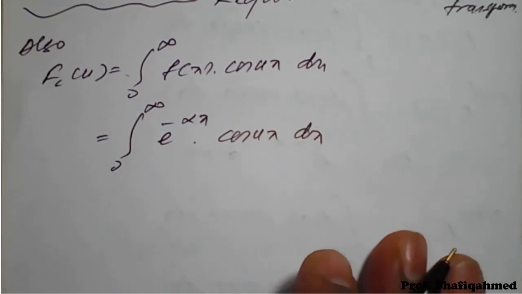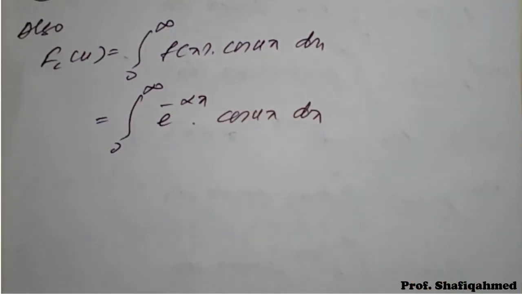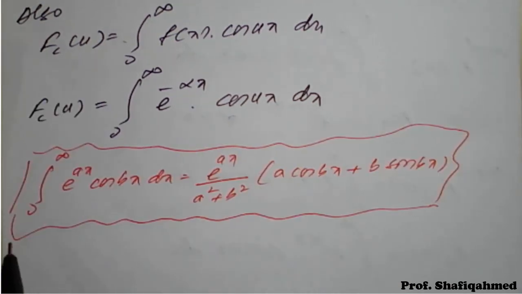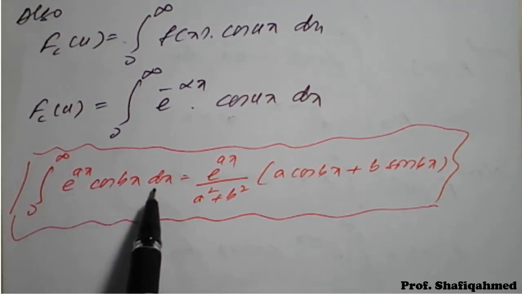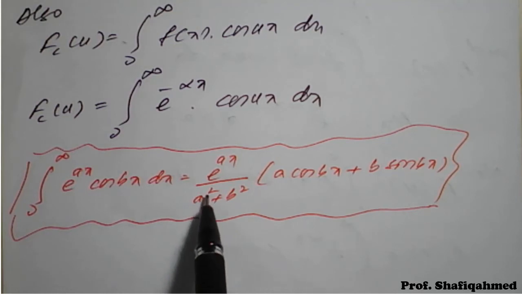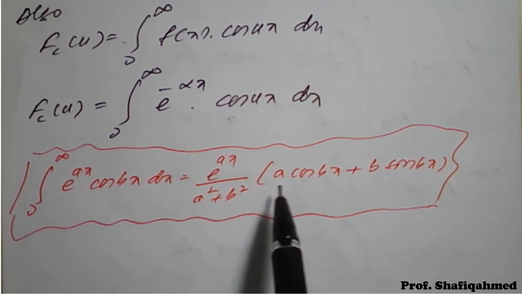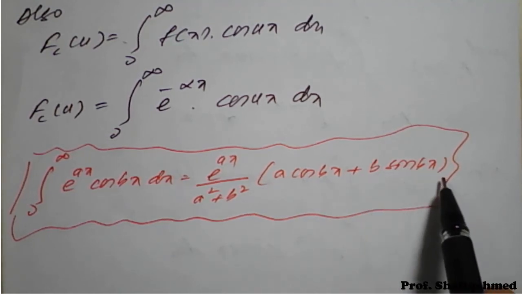Here also we need to apply one of the standard formulas. That standard formula is integration 0 to infinity e raised to ax cos bx dx is equal to e raised to ax upon a square plus b square into a times cos bx plus b times sin bx.